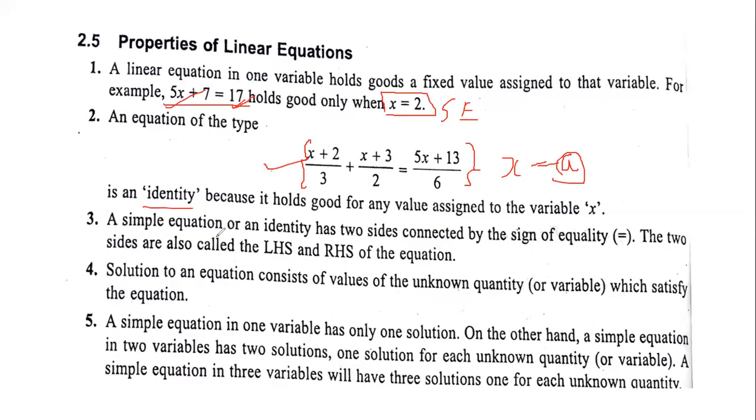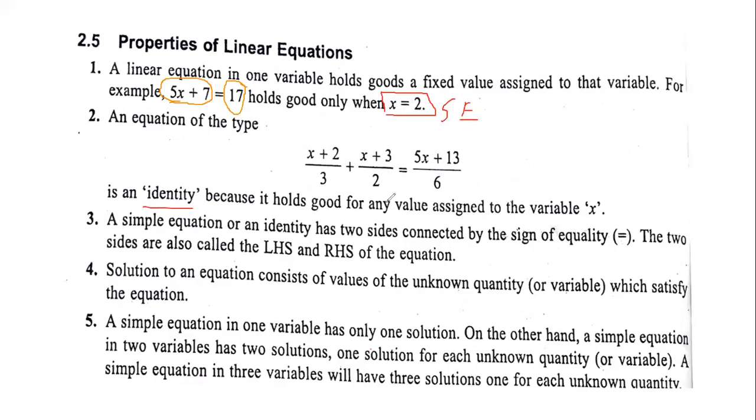Okay, a simple equation or an identity has two sides connected by the sign of equality. Let me erase this part and explain. If you see here, there is one side and there is another side here.